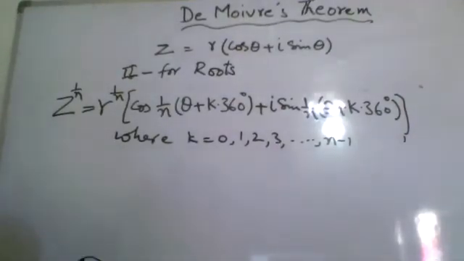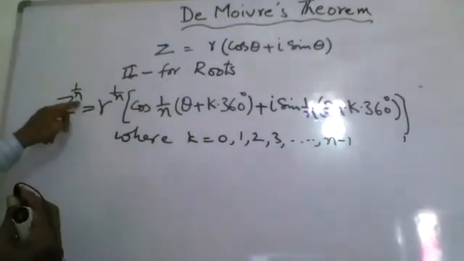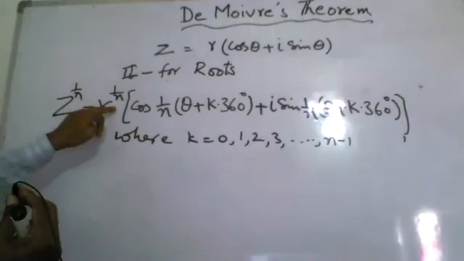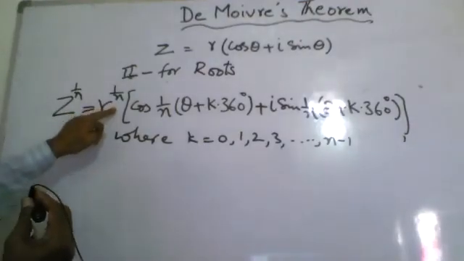So this is the formula for the roots. N roots will be the answer, not only one. In the power we are getting only one answer, but in roots we will get n answers. If it is square root, so 1 over 2, we will get two answers.